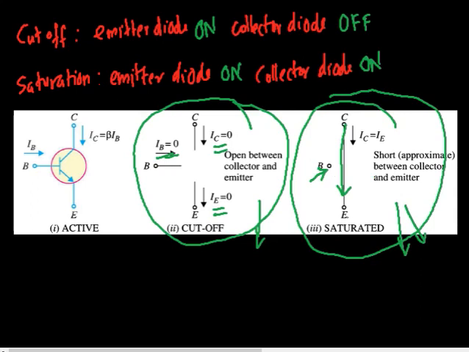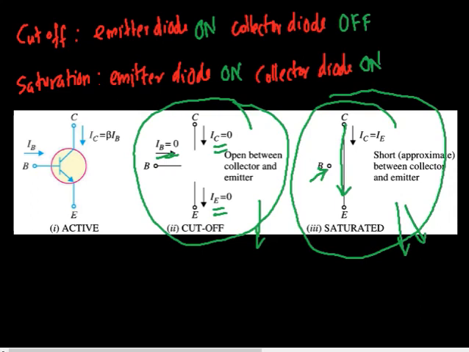So these two states, cutoff and saturation, will act like a switch. A transistor can be used in the saturated region as a switch. It cannot be used as an amplifier.